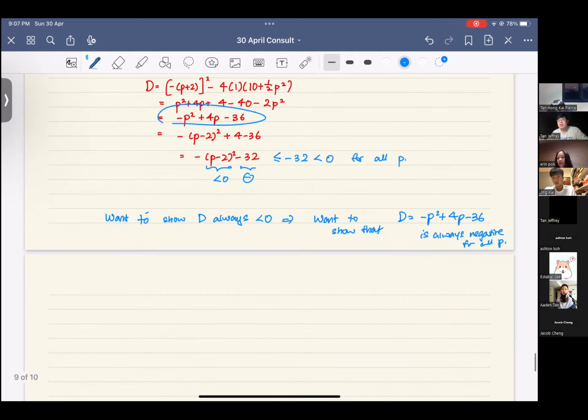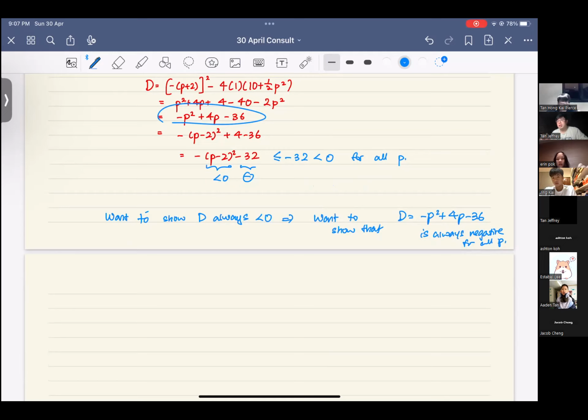What you can do is calculate the discriminant of the discriminant. Take this one, let me call it D1. You calculate the discriminant of the discriminant, which is b squared minus 4ac. Can you see that this is 16 minus 144 or something like that, which is negative 128, which is less than 0.